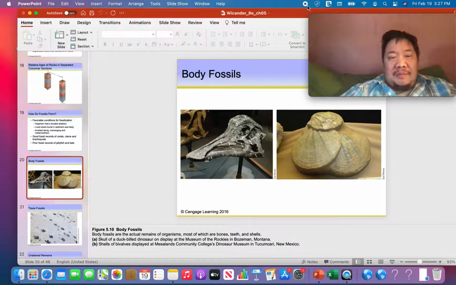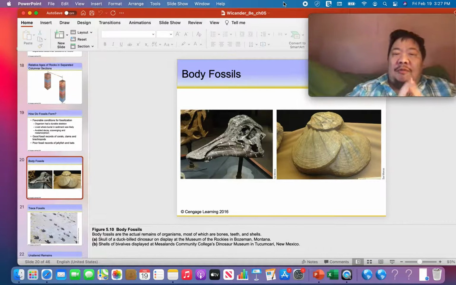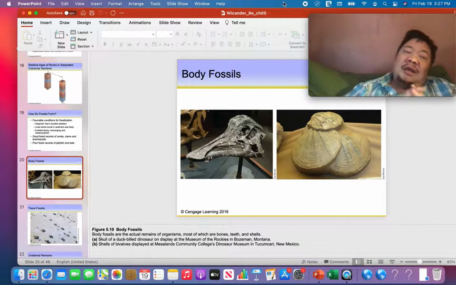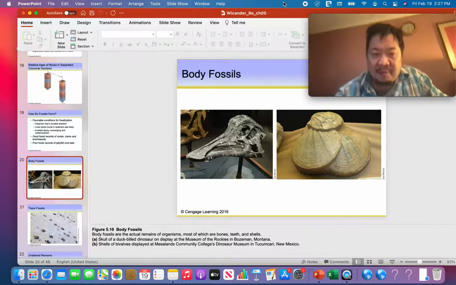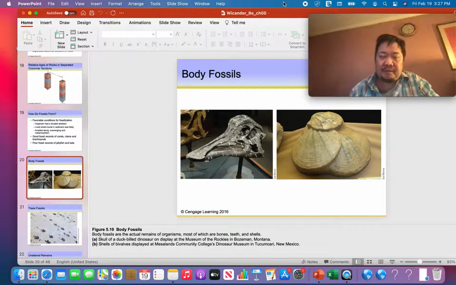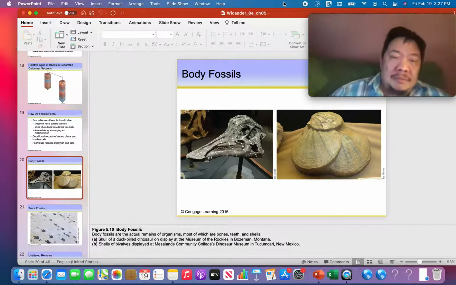So, two things are required usually to preserve body fossils. The first thing that's necessary is that the organism has hard body parts. The second thing is that the organism must be rapidly buried. If both of those things occur, then you can form a fossil. The chances of a fossil forming are 1 out of a million.